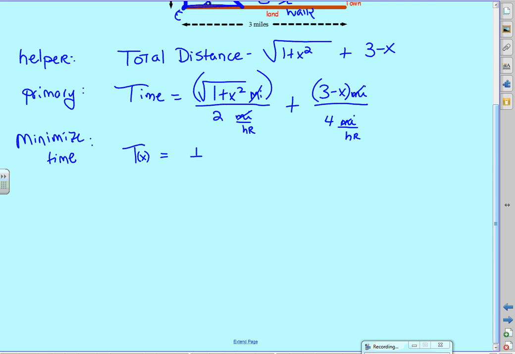I can pull that 1/2 out front, and then I'd have the square root of 1 plus x squared plus, since this is a nice fraction with a single denominator, I always think of it as that type I really love, so I can have 3/4 minus x over 4. And now that sets it up real nice for a derivative to be taken.